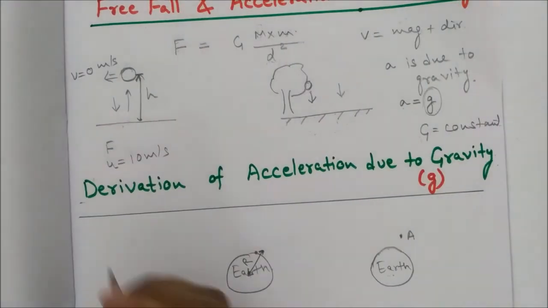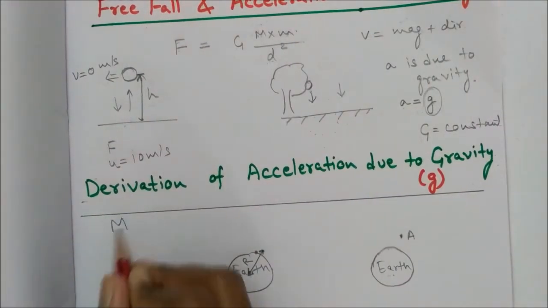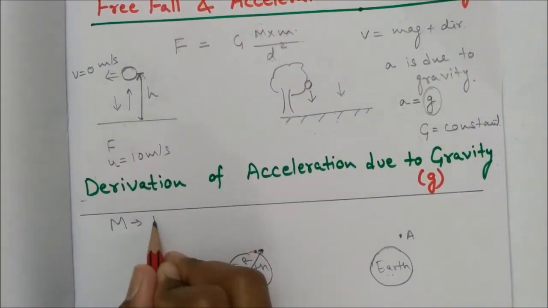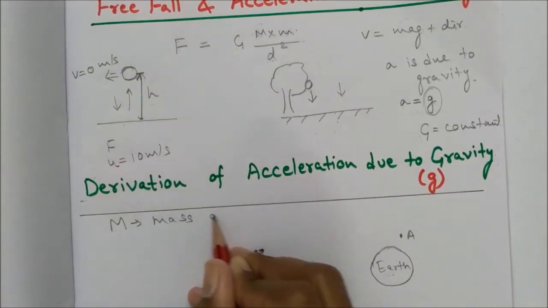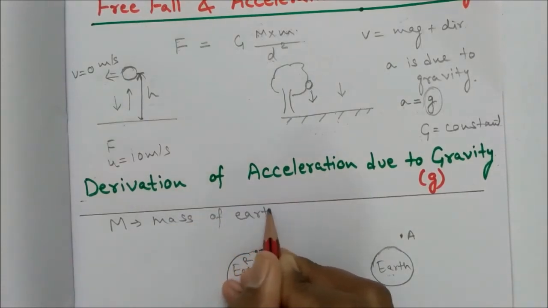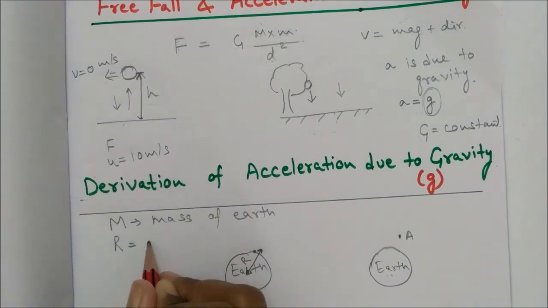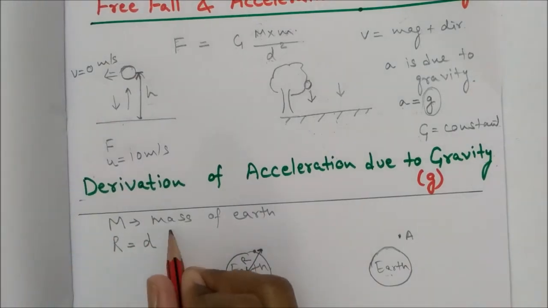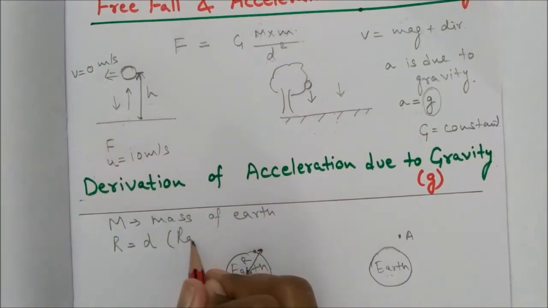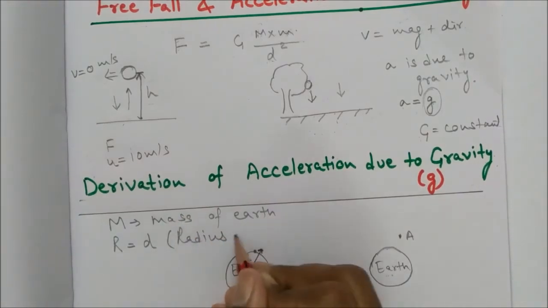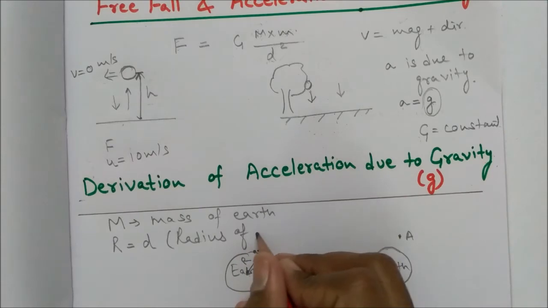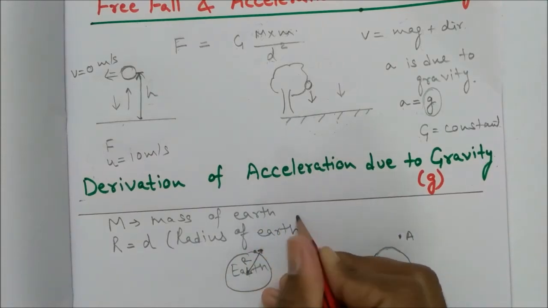Here I'm considering m as the mass of the earth, and r is equal to d, which is the radius of the earth.